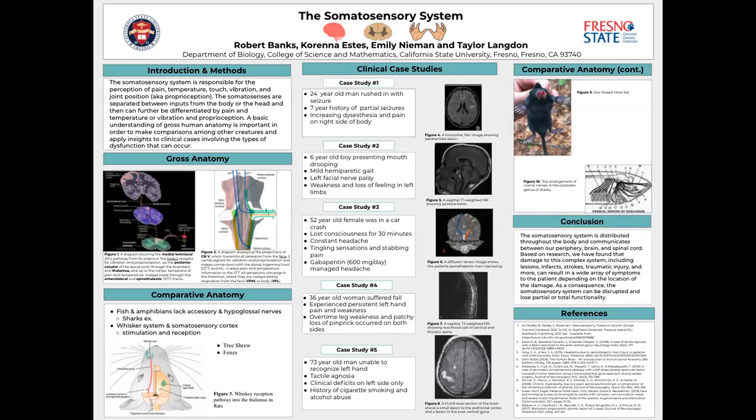They have roughly 25,000 projections on these appendages, and they're used to detect touch and sense vibration. They're extremely sensitive. They're known to be some of the most sensitive animals, is what some of the scientists have termed them.